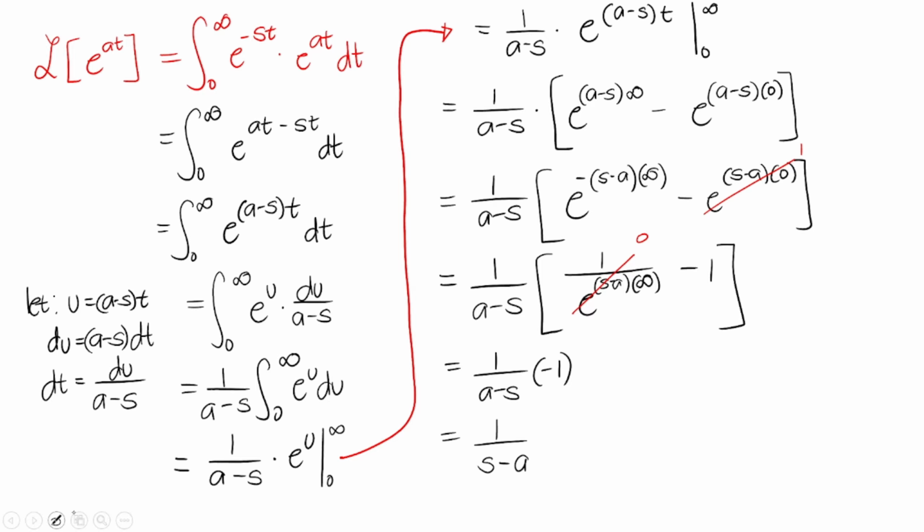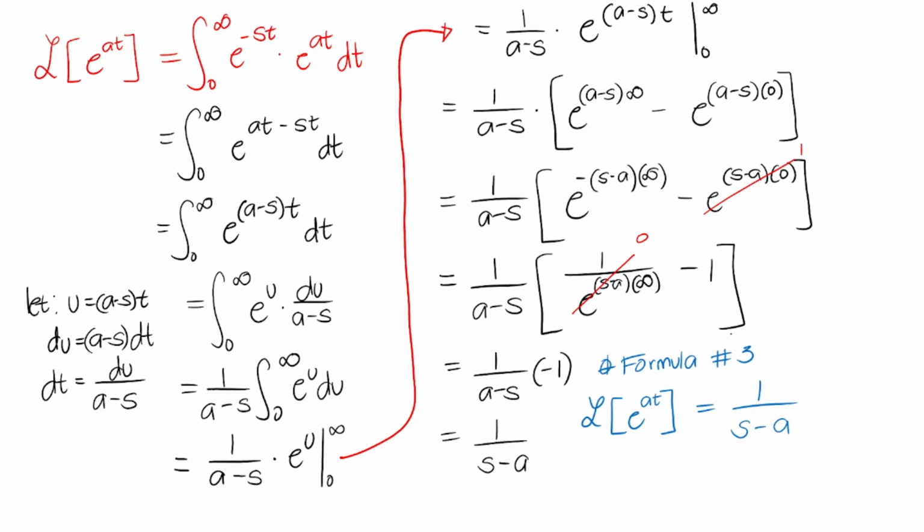So, remember that this is your formula number 3. The Laplace transform of e raised to at, kung saan a is any real number. It can be 3, negative 2.75. Basta any real number, is equal to 1 over s minus a.